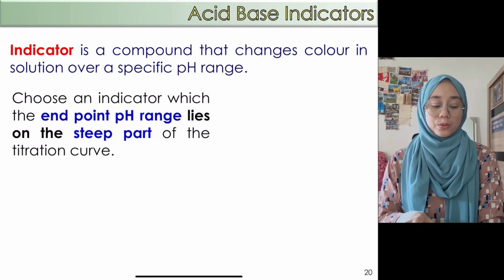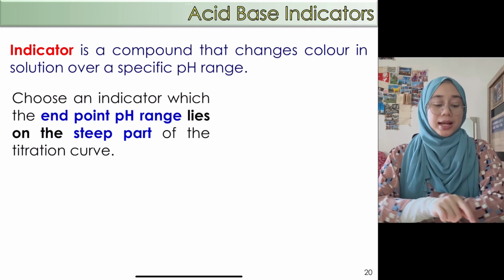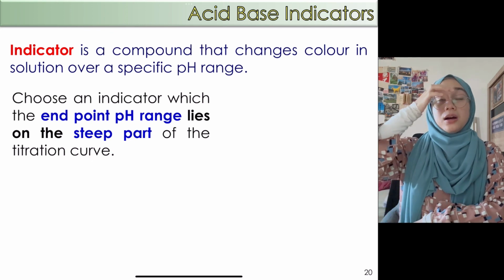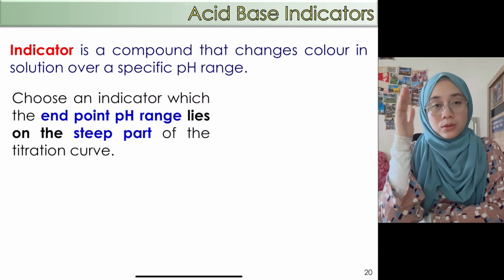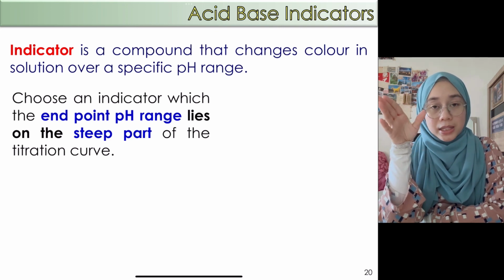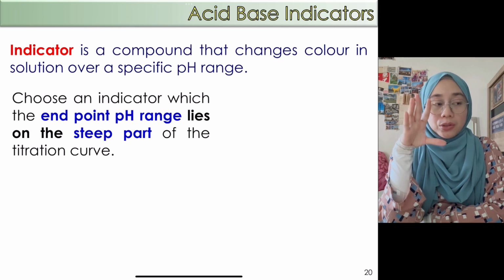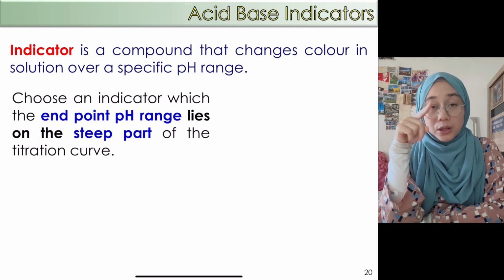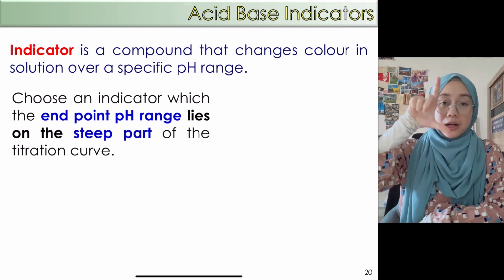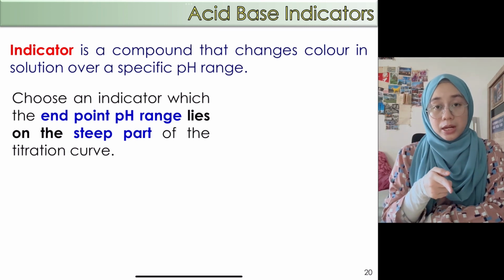So we choose an indicator which the endpoint pH range lies on the steep part of the titration curve. So kalau kita nak cari indicator yang sesuai untuk strong acid dengan strong base, kita kena make sure that pH range yang dia berubah warna tu, it falls dekat bahagian yang steep curve tu, yang line lurus dalam curve tu.